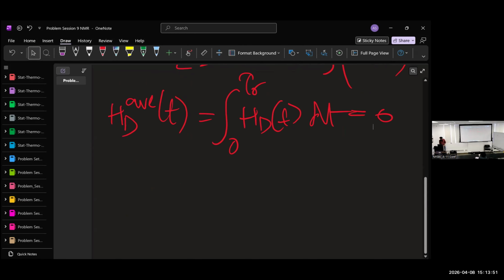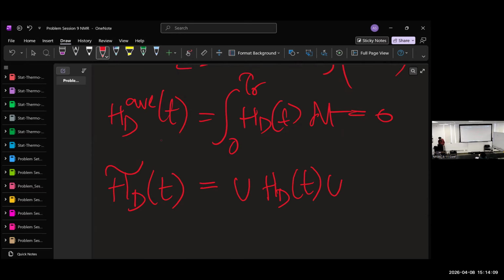Now the hope is that by introducing RF pulses, we can move into a rotating frame, sometimes called the interaction frame, sometimes called the toggling frame in the lingo of NMR. We can move into a frame where the average of this interaction frame Hamiltonian, indicated by this tilde, is non-zero.